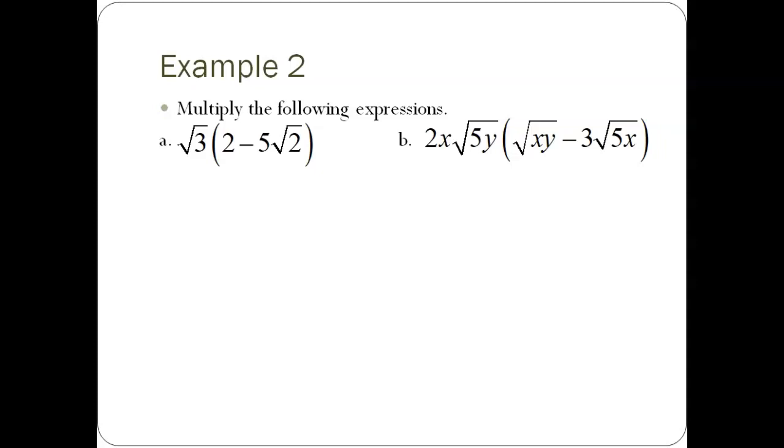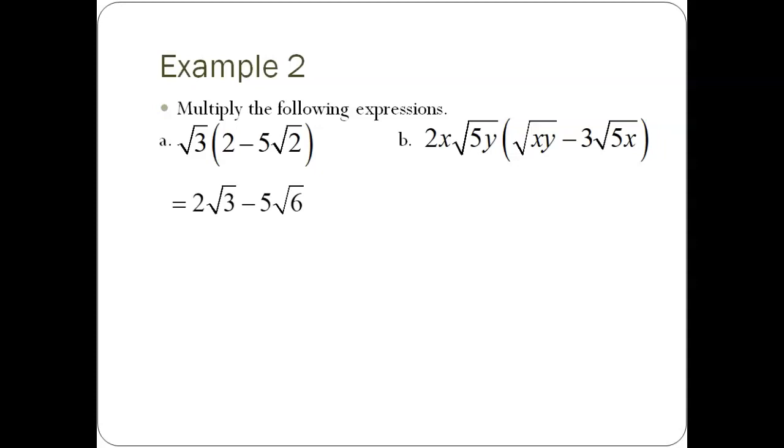We are multiplying because distributing is a form of multiplication. We just have to make sure we multiply both of the terms, or if there are more than 2 terms, all of the terms inside the parentheses. So in this first one, we'll do root 3 times 2. That's equal to 2 root 3. And then root 3 times negative 5 root 2, that's going to be minus 5 root 6.